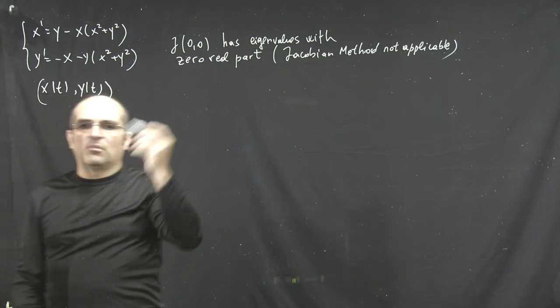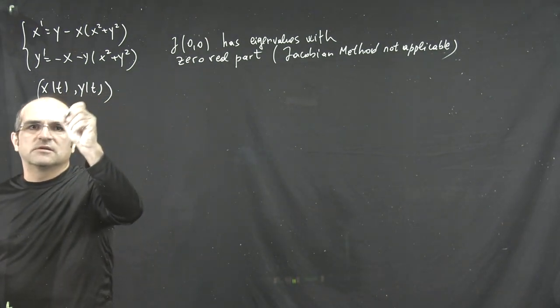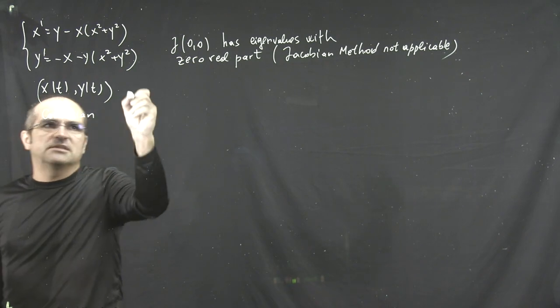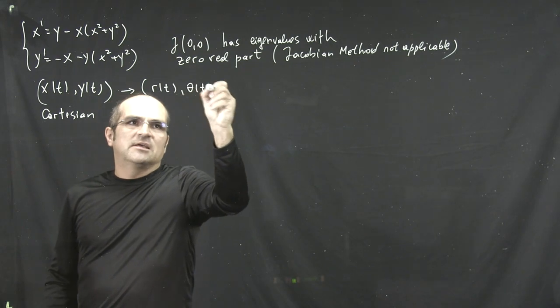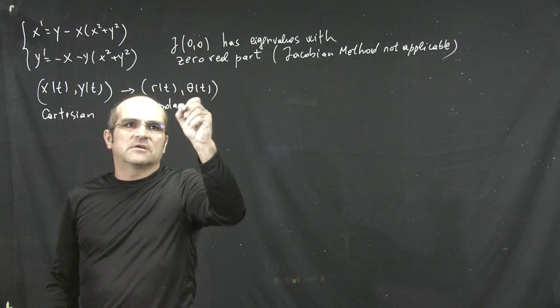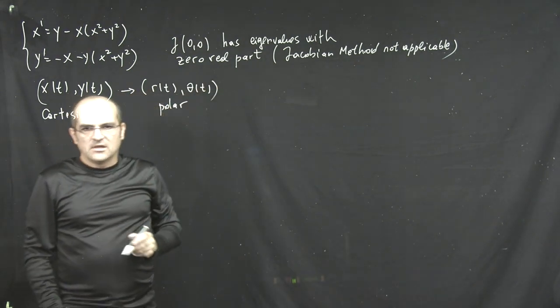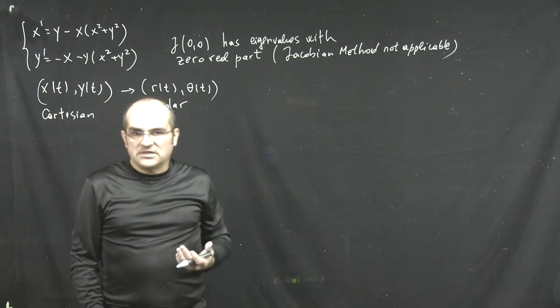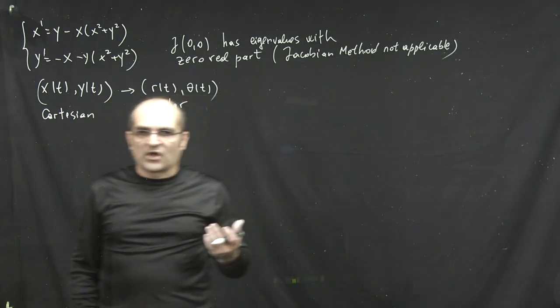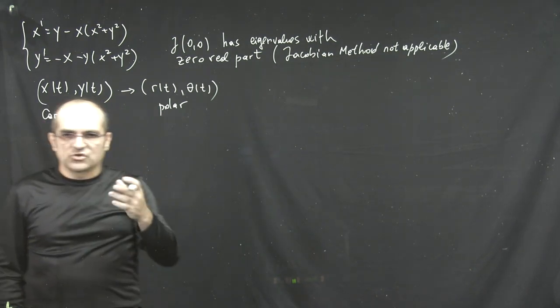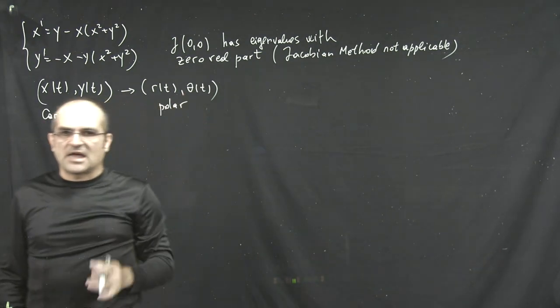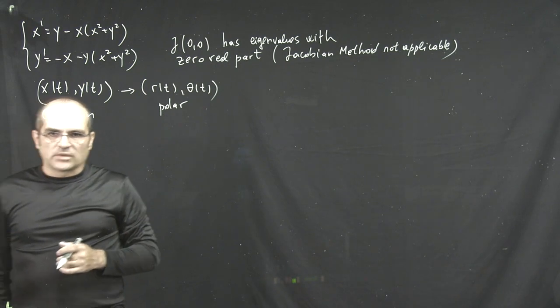So you can move from Cartesian coordinates to polar coordinates, where each point is identified by a polar radius and a polar angle. Again, both of them depend on t, because this is a differential system, so as the solution moves, you have a variation in time of these coordinates.